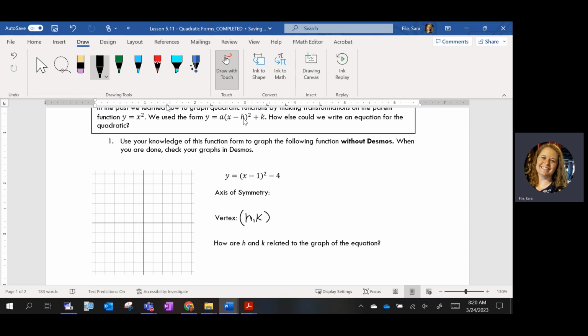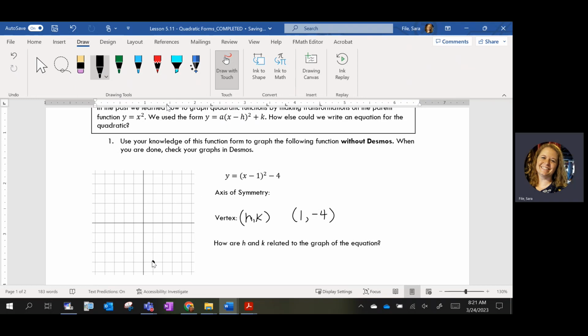So that's the x value of your vertex and the y value of your vertex. Remember, it's the opposite sign inside. In our equation, since it's -1, our h is +1. For k, you keep the sign of the number added or subtracted on the outside. Since it's -4, k is -4. So we know there's a vertex at (1, -4).